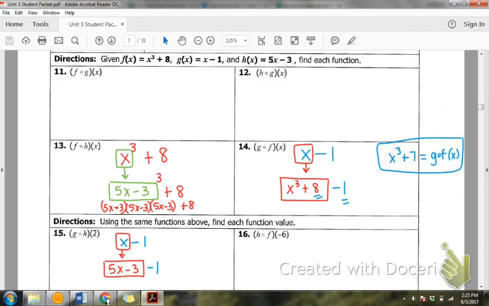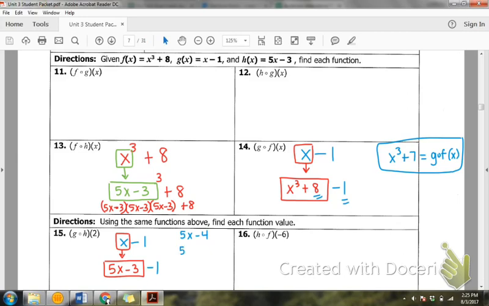Negative 3 and negative 1 make negative 4. So I have 5x minus 4. Is there any more I can simplify? No. Once you have simplified everything, and only at that point, can you plug in for x. So what number are we plugging in for x? The 2.